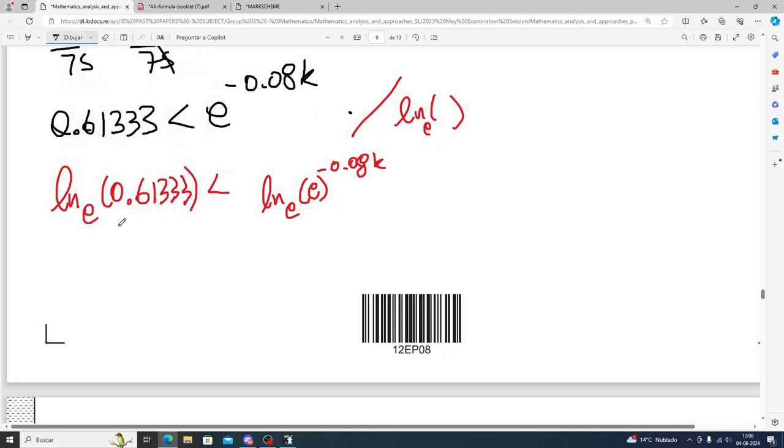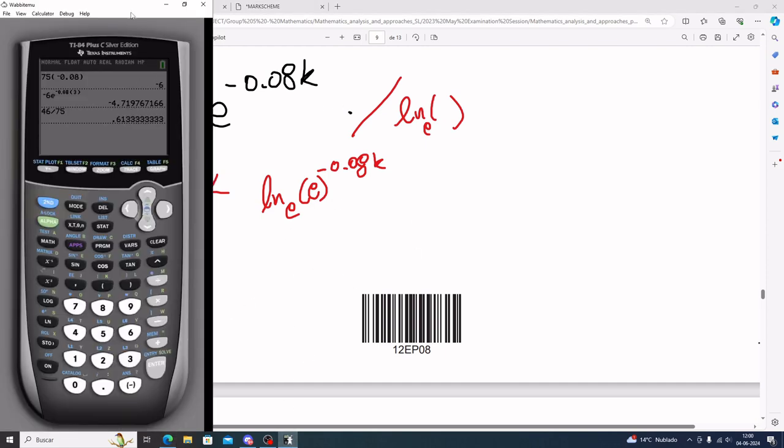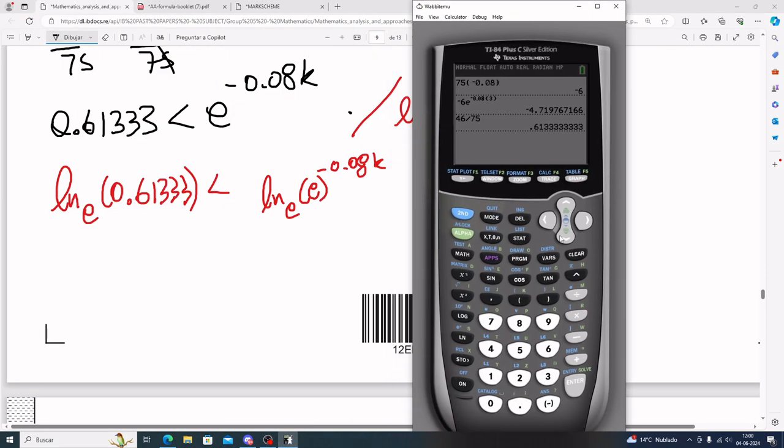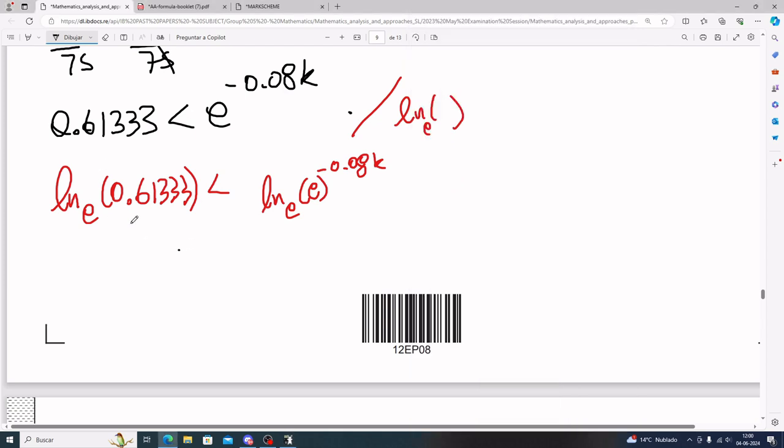And so the first step that we're going to go ahead and do is that technically from here, we can do log natural of 0.613333, right? Now, you might be thinking, dude, in your calculator it says log natural 0.61333, but here on the board you're putting log natural base e and then the 0.613333.